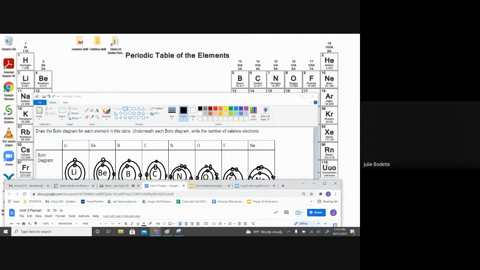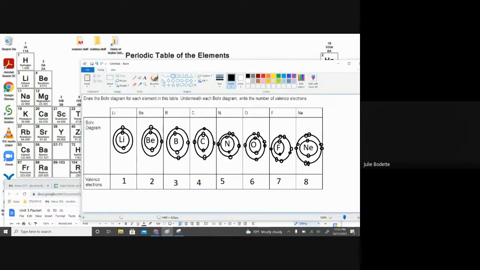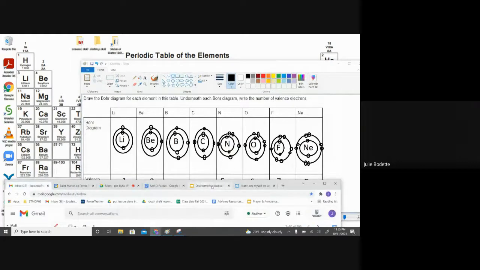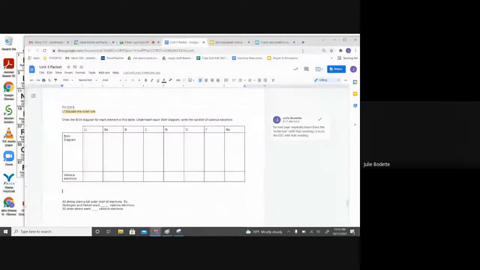Helium has 2 electrons. Hydrogen and helium both want 2 electrons for a full shell because they're just working on this very first shell that only holds 2 electrons. So in order to get a full outer shell, if you are hydrogen or helium, you want 2 electrons, right? They want 2.